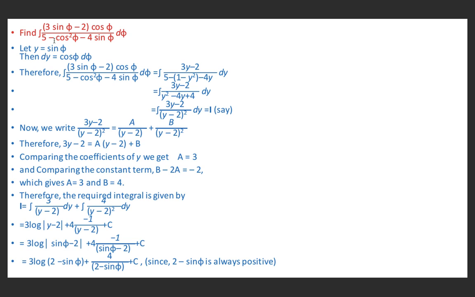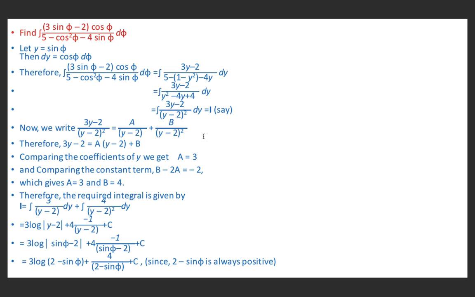So our given integral, which was 3y minus 2 upon y minus 2 whole square dy, which we obtained on substituting y equal to sine phi, becomes I equal to the integral of 3 upon y minus 2 dy plus 4 upon y minus 2 whole square dy, because a is 3, b is 4.